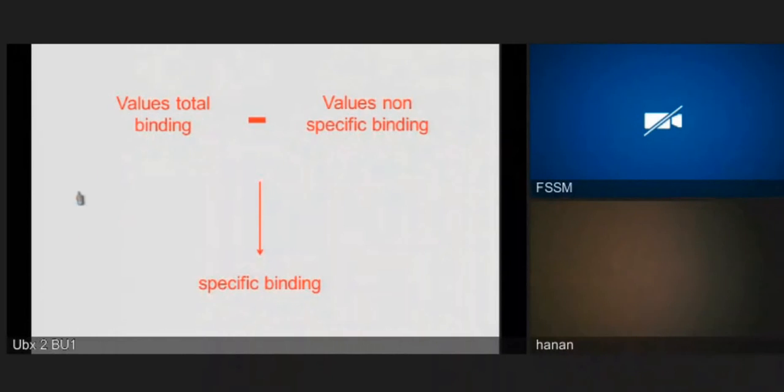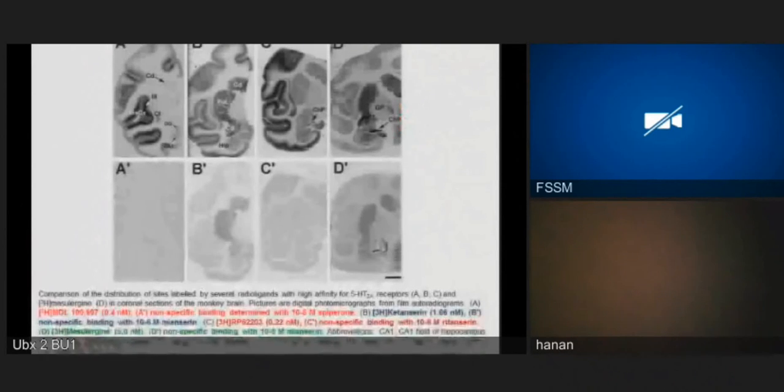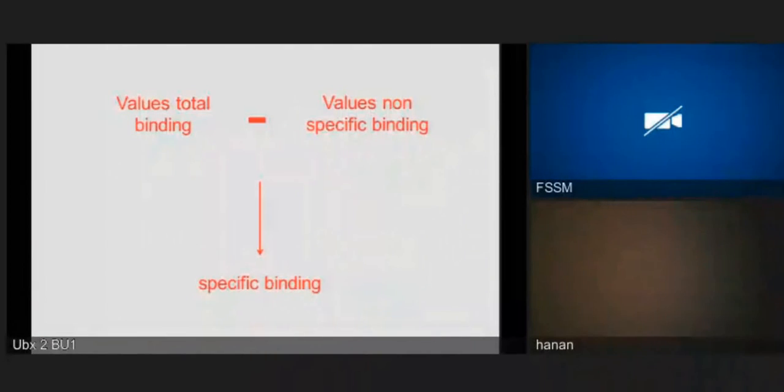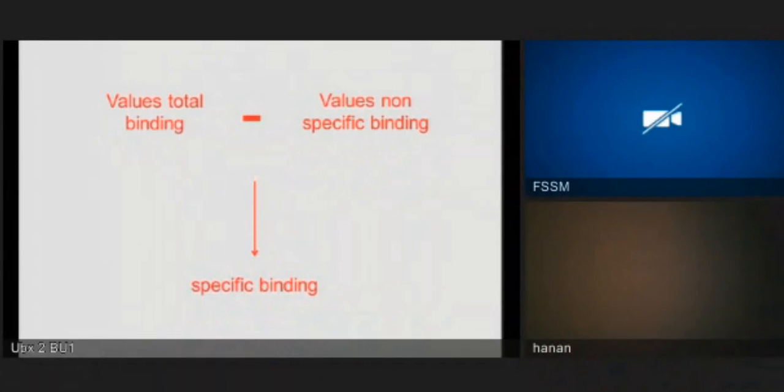So the values obtained in total binding minus the values in the non-specific binding experiment gives you the specific binding. Is that clear? Can you visualize how you could get the KD?